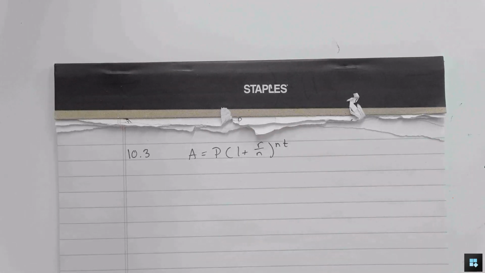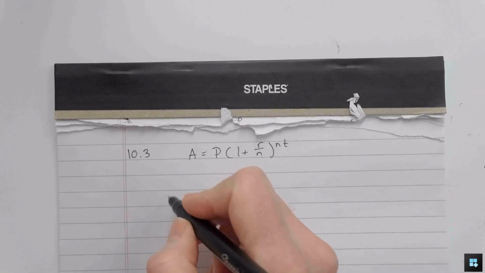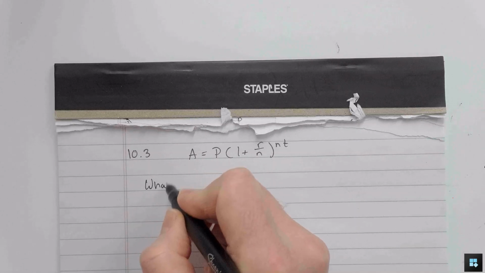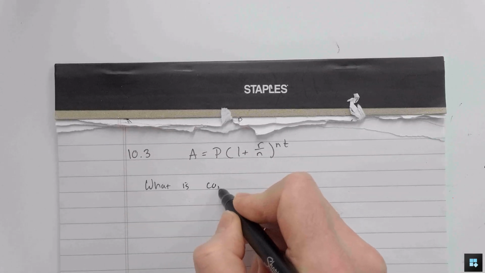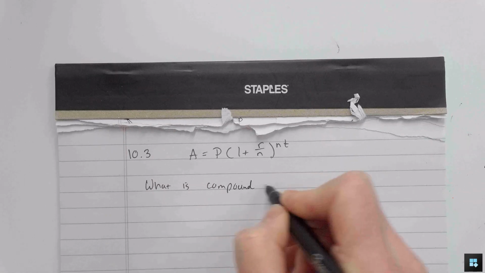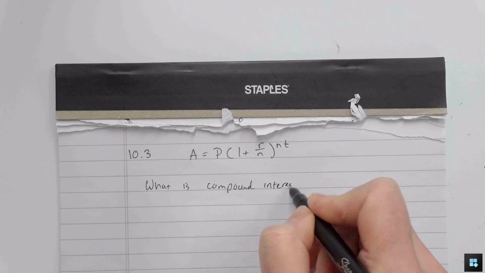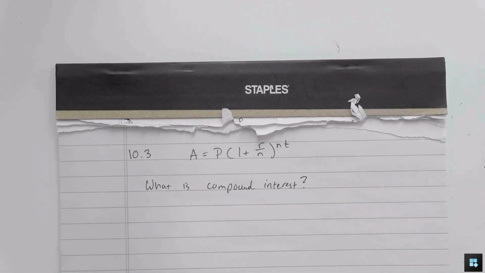What is compound interest anyway? I just wrote this formula that describes compound interest: A equals P times (1 plus R divided by N) to the NT. What is compound interest? Does anybody know what compound interest is?